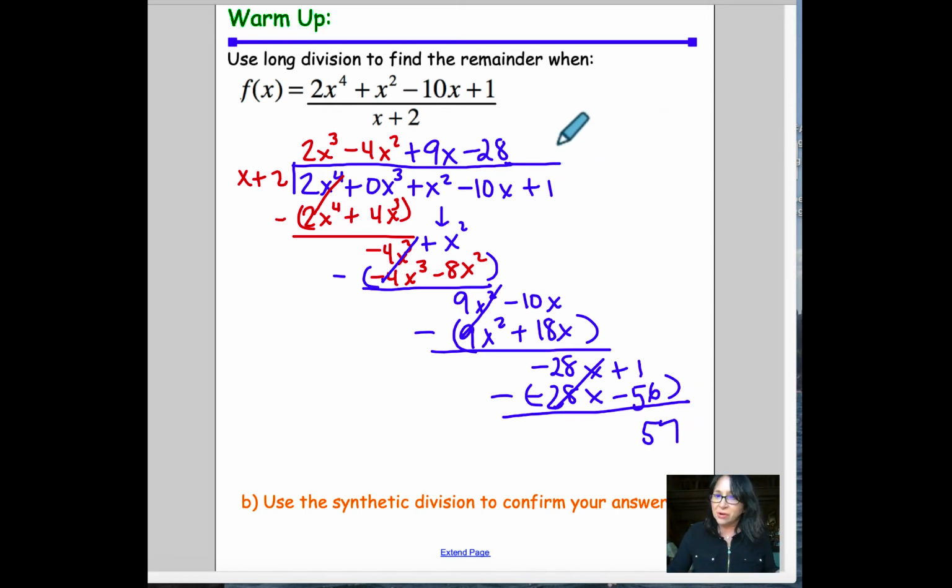So I'm either going to write it like this with a plus 57 over my divisor, which is x plus 2, or I would write it in polynomial form, which is, this is my f of x.